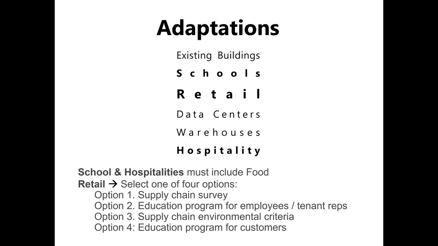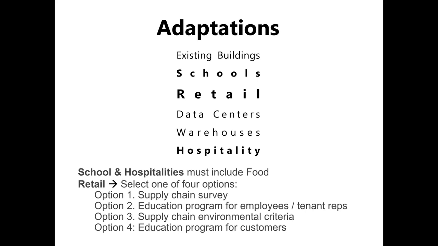For adaptation, any school and hospitality projects must include food in their waste audit, which is very understandable. So when you've got a school or you've got a restaurant, you know that there's a lot of food going through that type of building. And so including that food in your waste audit is another required component there.